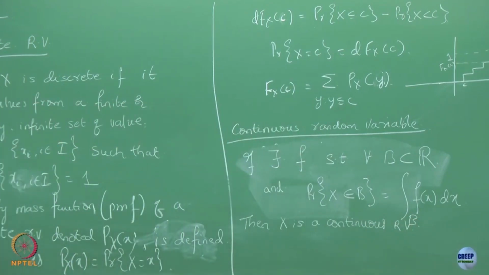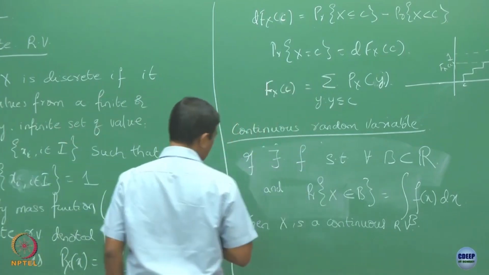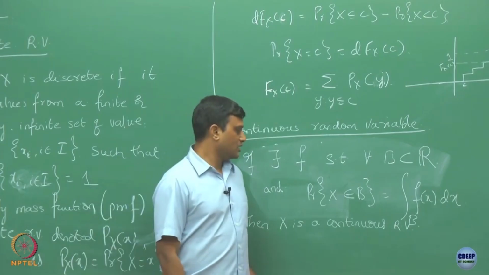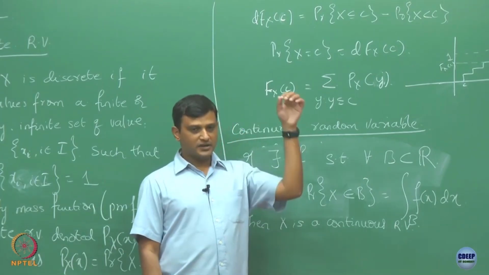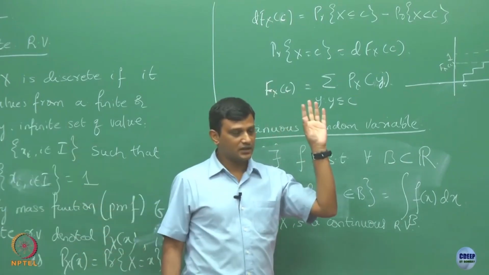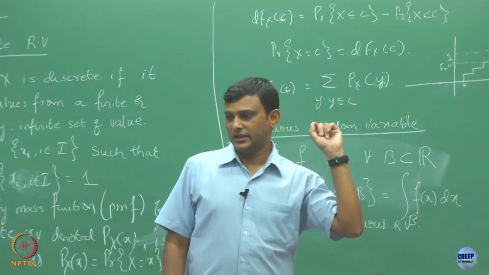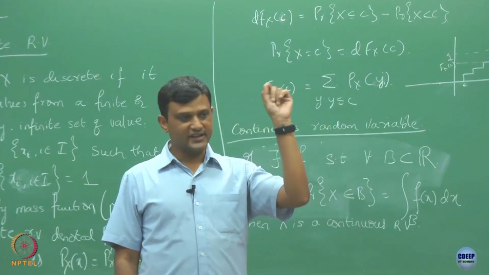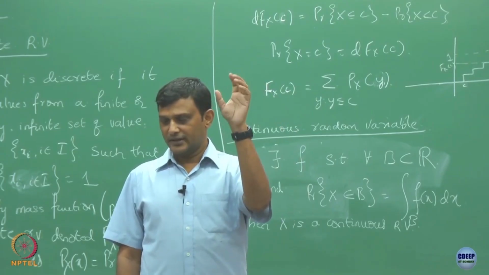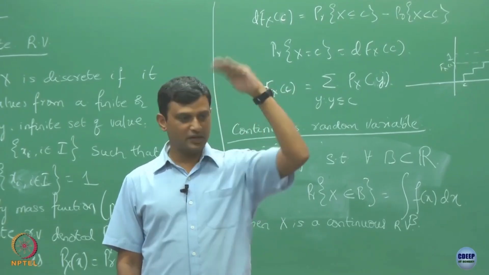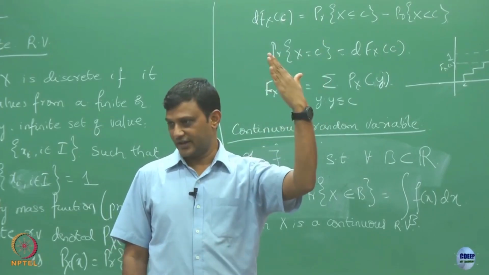So okay, let's ponder on what we are trying to say here. Earlier we know that if I want to find a probability in the discrete case, like what is the probability that my x takes some value, you just add the probabilities of all the possible values that your x can potentially take, right?